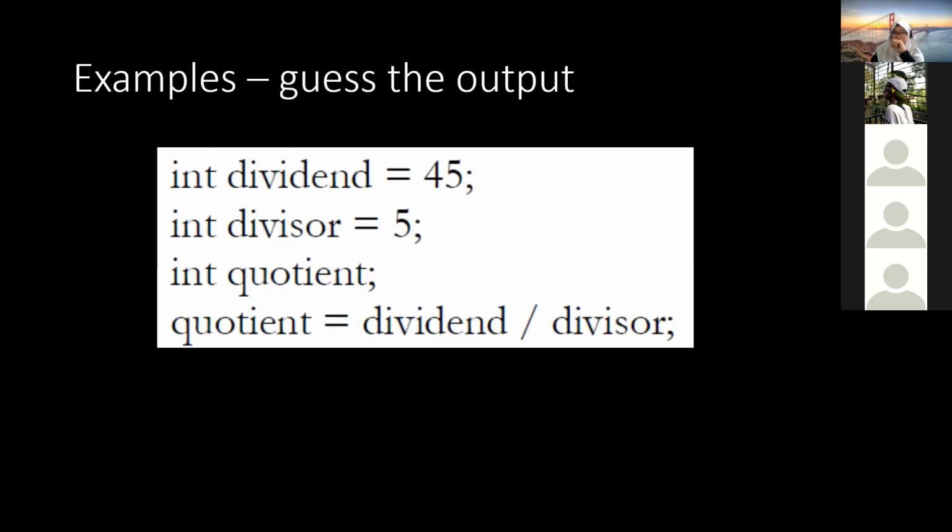What happens if I change the order? I say the divisor divided by the dividend. It will then be 1 over 9. No. 0. Yes, 0.